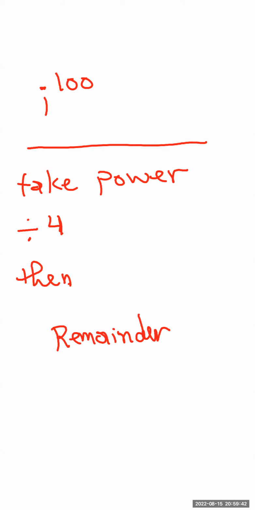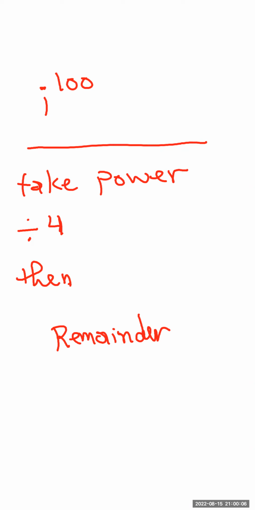I mean by remainder here, 100 divided by 4 equals 25. What about the remainder? 0, of course. Do we have any number remaining from the division? No, 100 divided by 4 is 25, so the remainder is 0. But 101 is also 25, but the remainder equals 1, right?